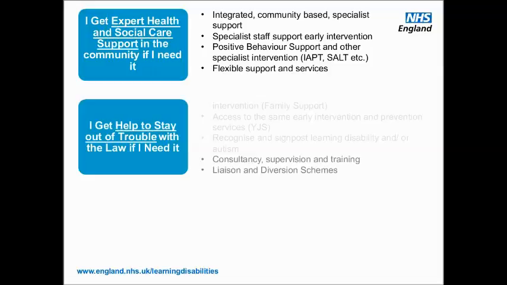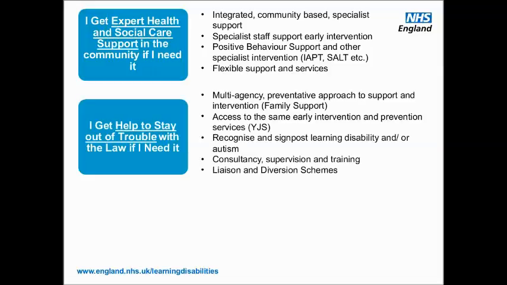I get help to stay out of trouble with the law if I need it. Essentially, this is around making sure that youth justice services are accessible to people with learning disabilities and or autism in terms of adjusted programs, but also making sure that children and young people who have not been picked up as having particularly milder learning disability or autism without learning disability are picked up in youth justice services and appropriately signposted to additional support within learning disability services or specialist education.